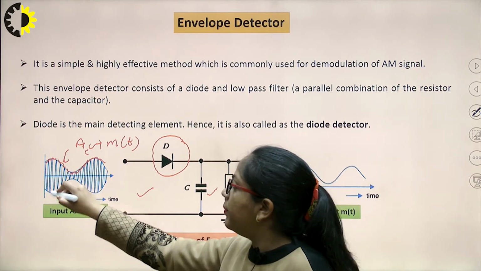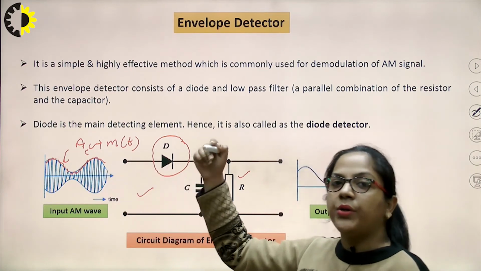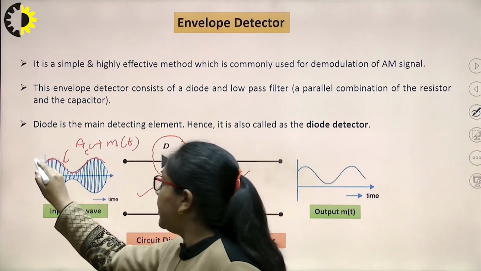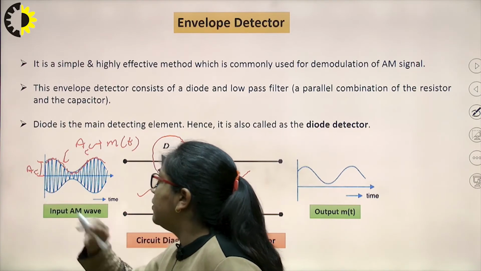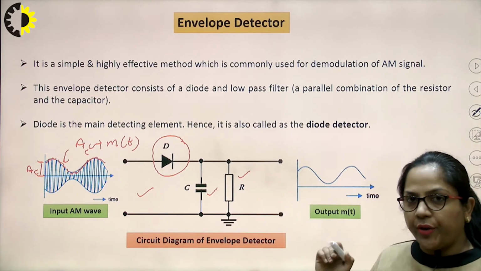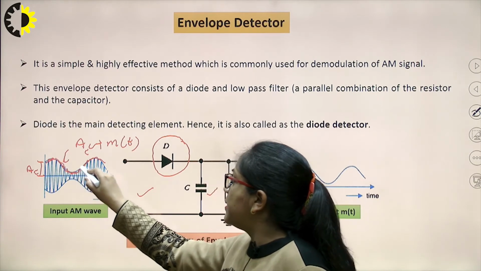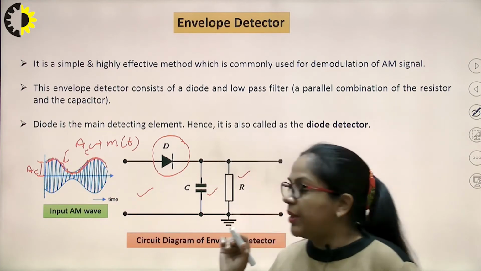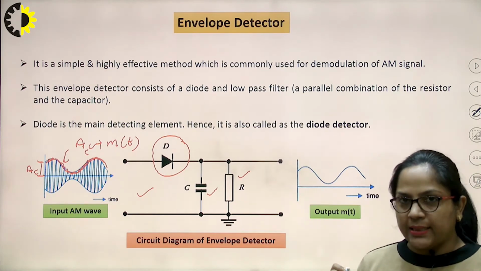What is the logic behind this amplitude modulation? The amplitude of carrier signal will vary according to the message signal. So here that is the maximum amplitude of the carrier signal. The amplitude of carrier signal is varying according to the message signal. So this envelope Ac plus m(t), the shape of this envelope is very much similar to the shape of message signal.